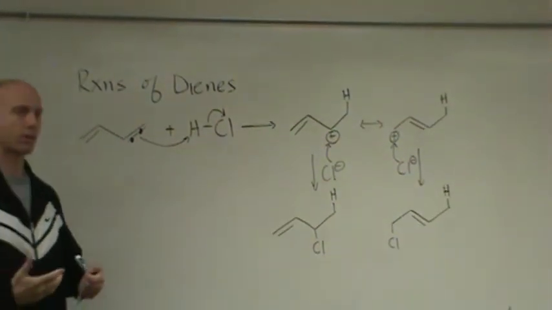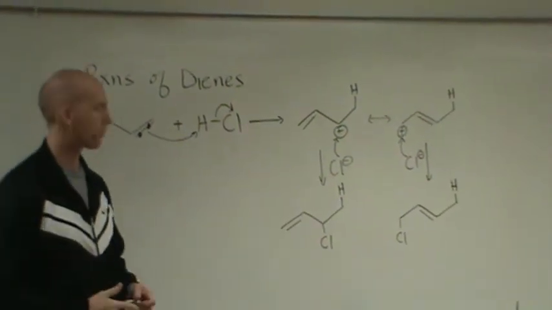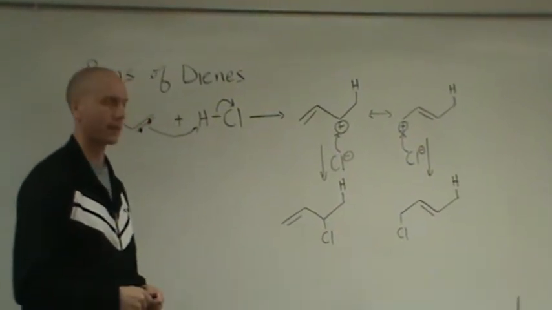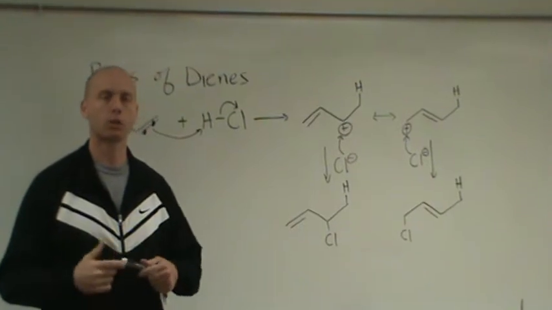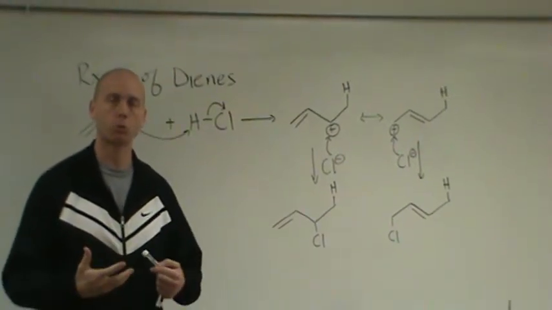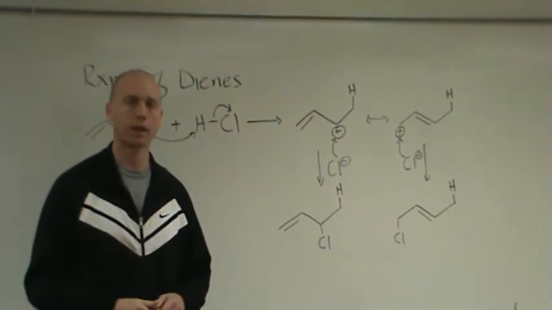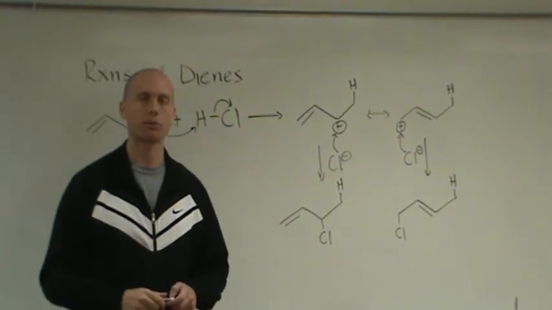So with the diene setup, we can form two different products. And when we have two different products, we always ask which one forms more, or which is called the major product. And that's what we want to try to figure out.